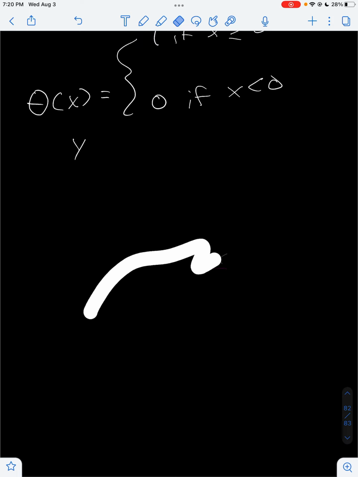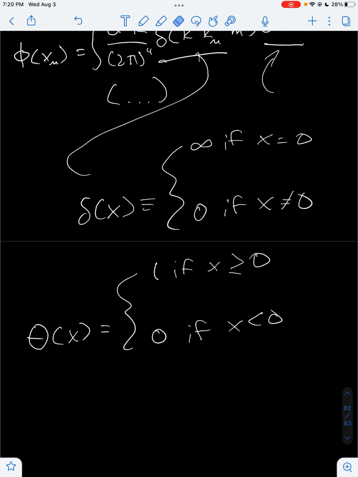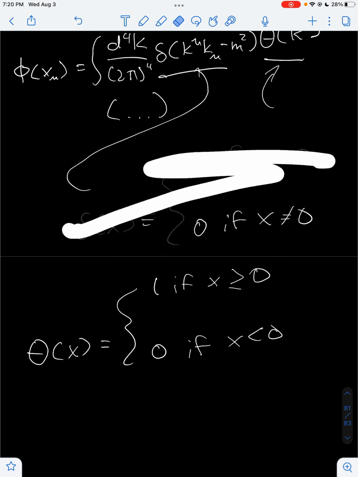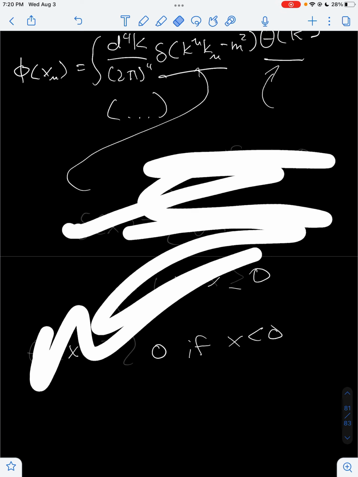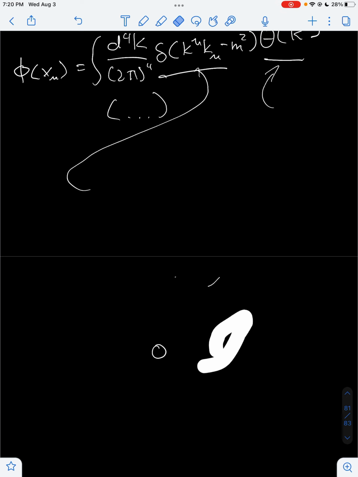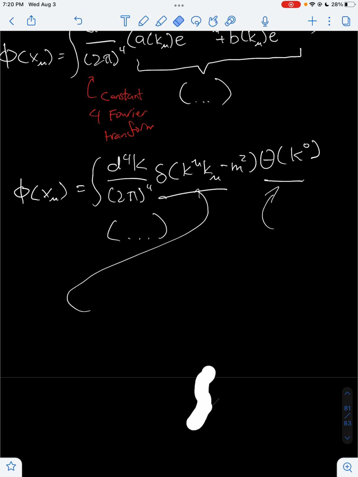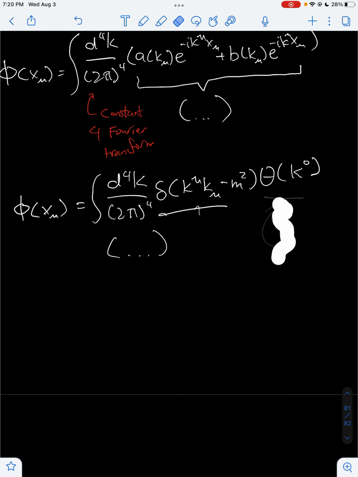So with those definitions, we can understand why we insert those things in our equation. So this is still a solution to the Klein-Gordon equation, all right? It's still a solution because if you were to plug this into the equation, we get 0. So here, this delta function encodes that k mu squared equals m squared.